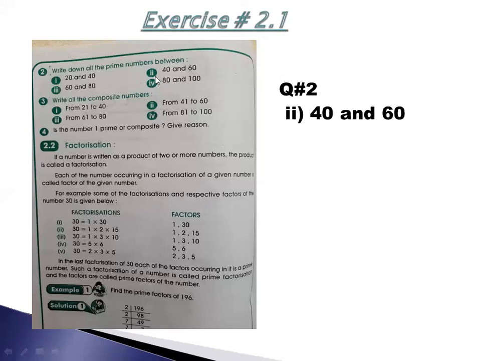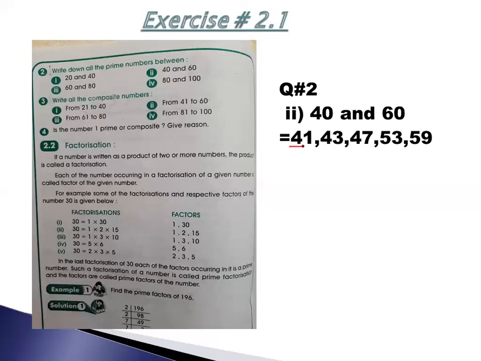You have to write all the prime numbers that lie between 40 and 60. You have to only pick the prime numbers between 40 and 60. So here is the answer.